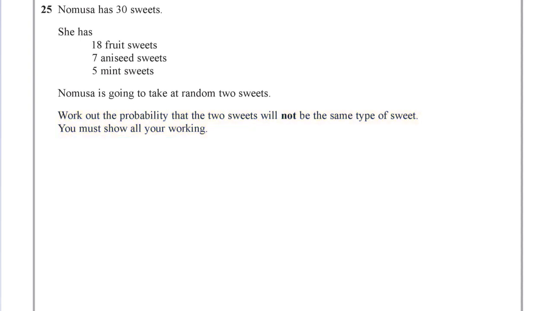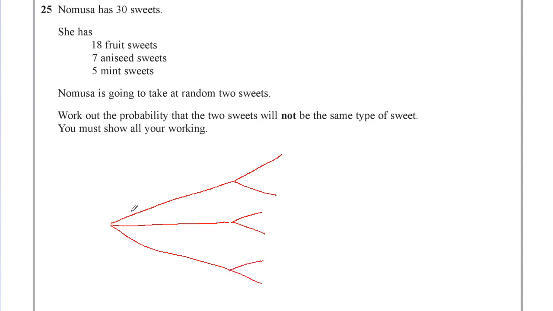Okay, I think I'm going to draw a tree first, probability tree. So let's have a look at that. We make this one fruit. This one can be the aniseed, and this one can be the mint. Probability of taking fruit is 18 out of 30.